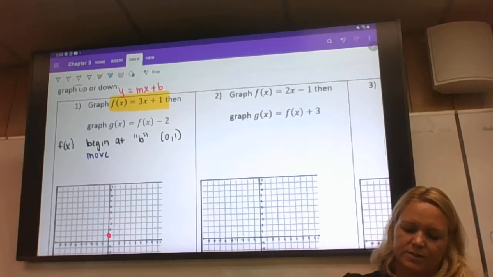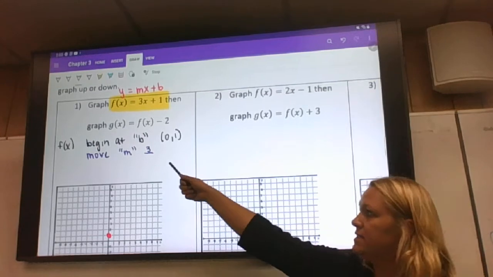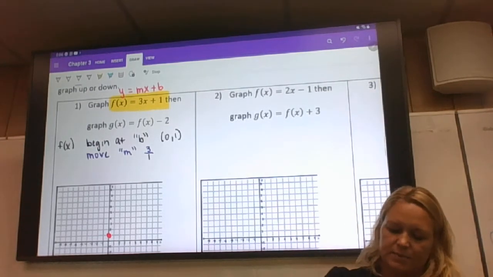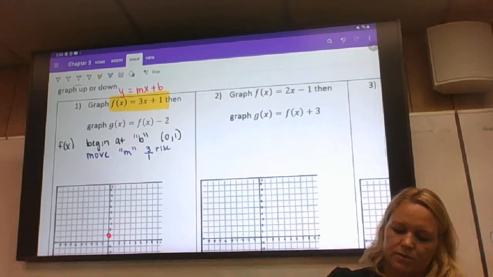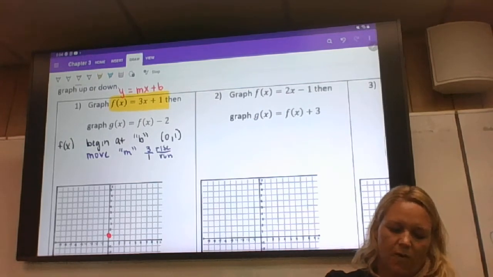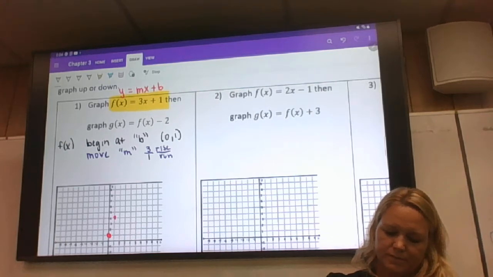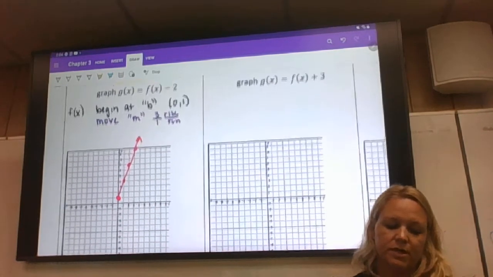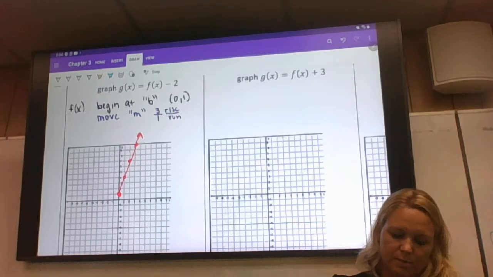And then we're going to move the m value, which is just 3. And since it's just 3, we'll put a 1 underneath it. Since it's positive, it's rise over run. So up 3 over 1. Since this isn't a word problem, we want to go both ways.